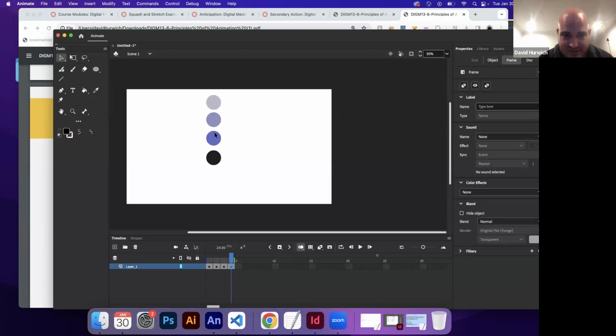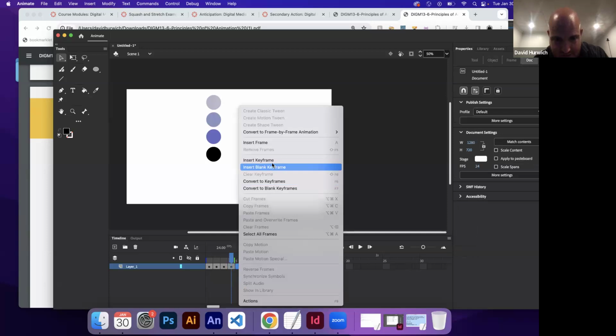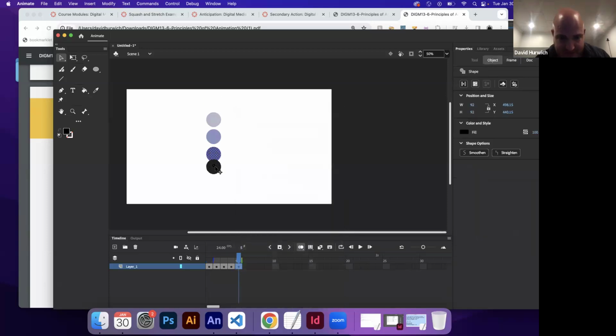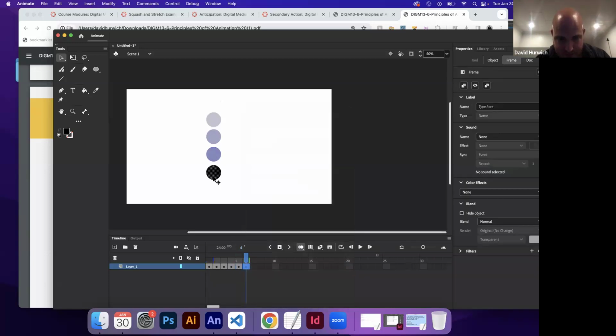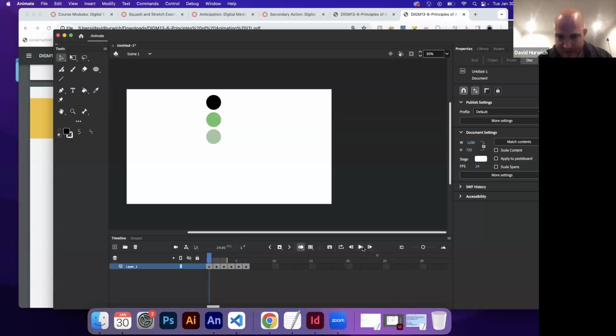This is like the distance. I'm not going to get it exact, but hopefully you get the idea that these are all kind of the same distance from each other. I could literally measure it out, but I'm just not going to do that. Okay. Let's play that back.